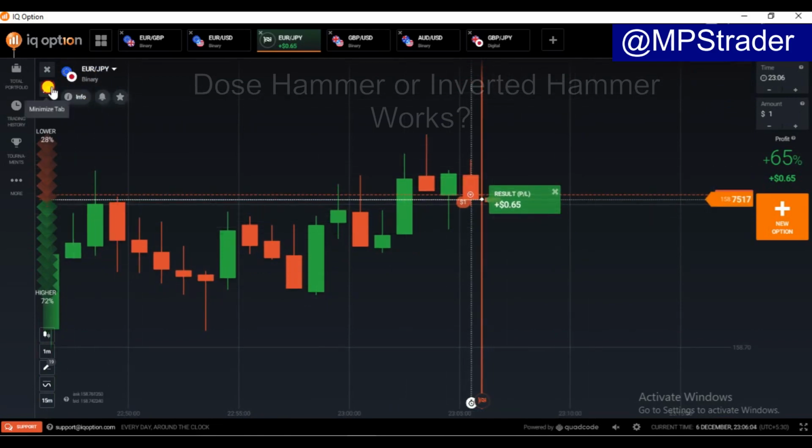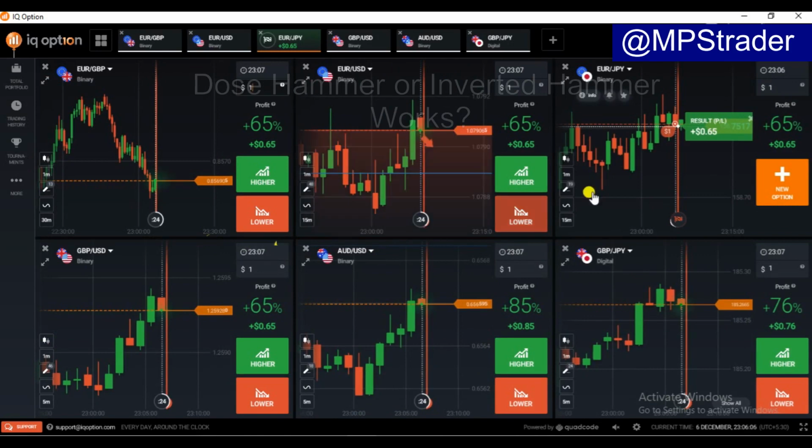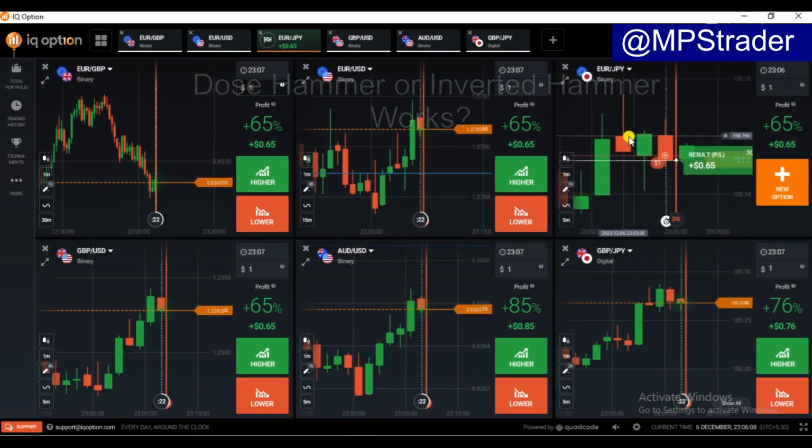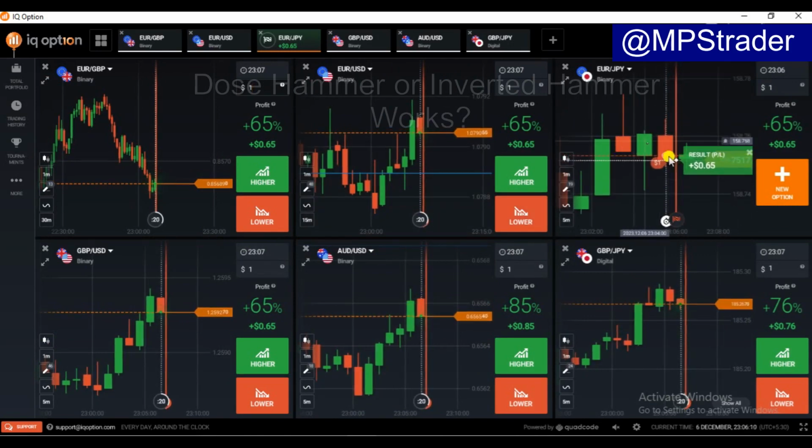See, it reversed from here after the inverted hammer. This one from here did not reverse, but it reversed from the inverted hammer.